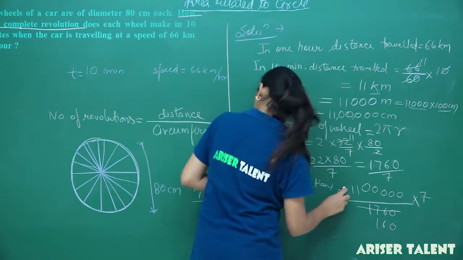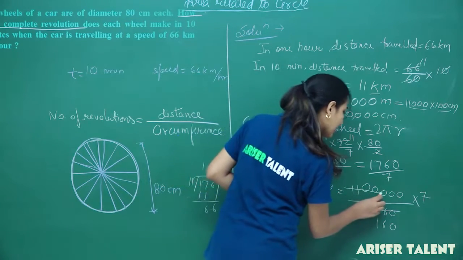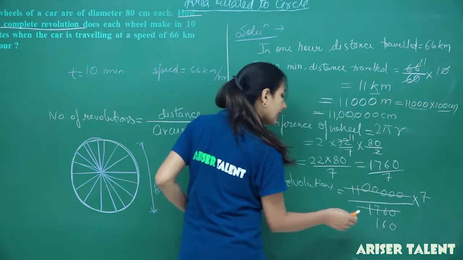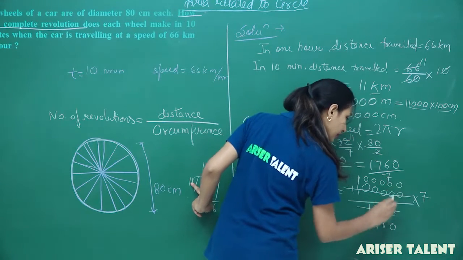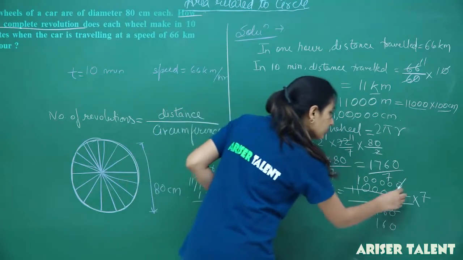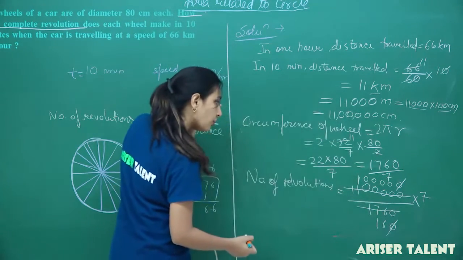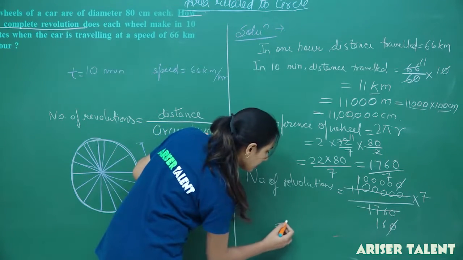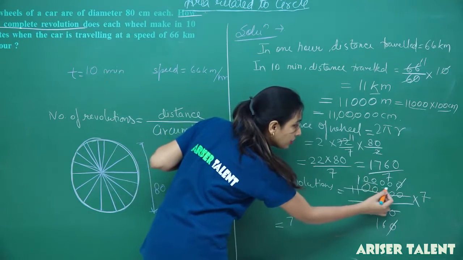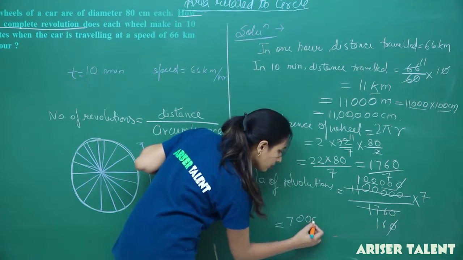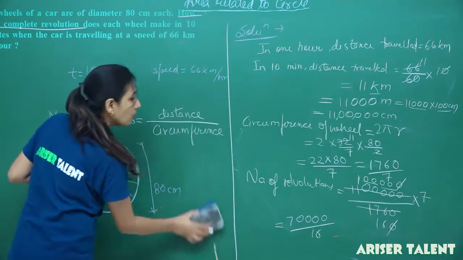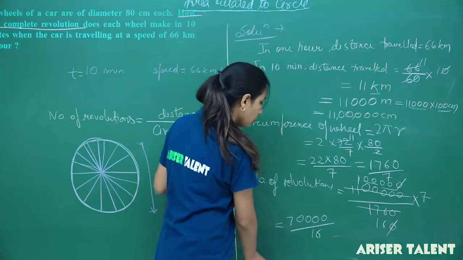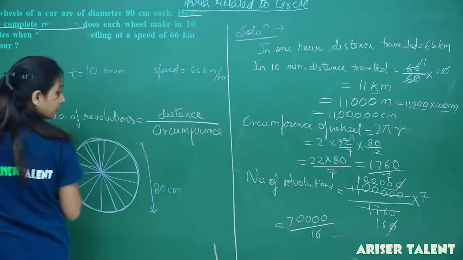Now what will I do? I will cut this by again 11 one time. Okay students, this 0 will be cut by this. So what you have remained with is 7 and 4 zeros divided by 16. Okay students, so what will it be?